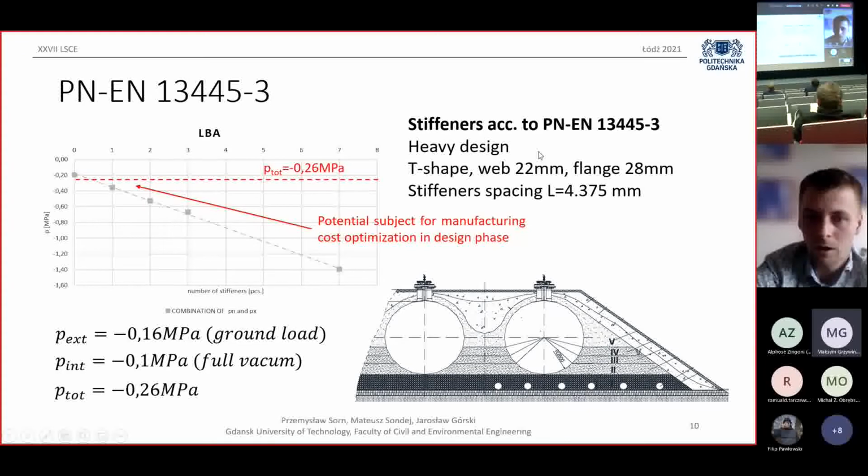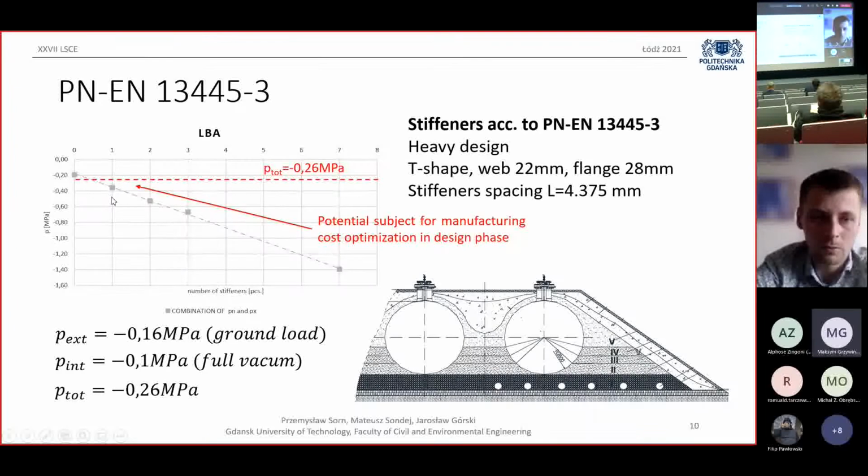It is called the heavy design type. We see that the ground load is around 0.16 megapascals. Internal pressure for the full vacuum situation is 0.1 megapascals. So the total pressure applied to the cylinder is around 0.26 megapascals. That represents the red line.